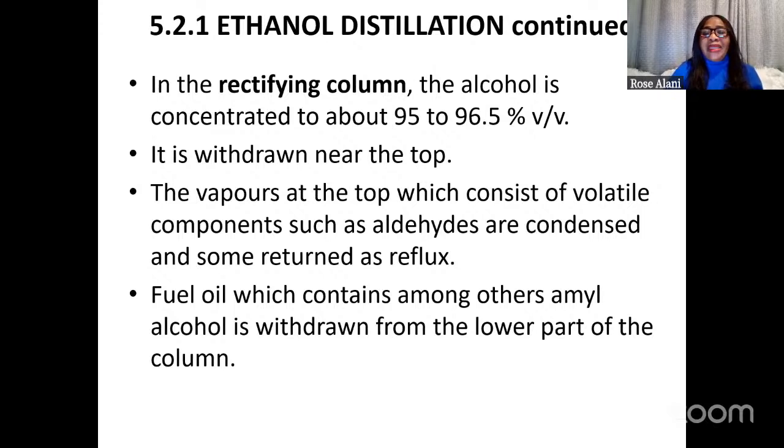The vapors at the top, which consist of volatile components like aldehydes, are condensed and some returned as reflux. Fuel oil, which contains several compounds, among which you have amyl alcohol, is withdrawn from the lower part of the column.